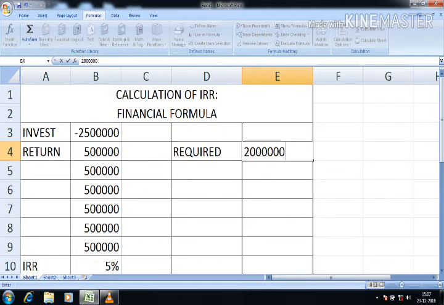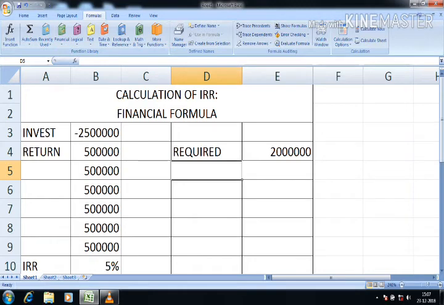Now the financer asks you to give the down payment. I am writing here only down. Required amount, I write only required. And for down payment, I am writing only down payment amount.